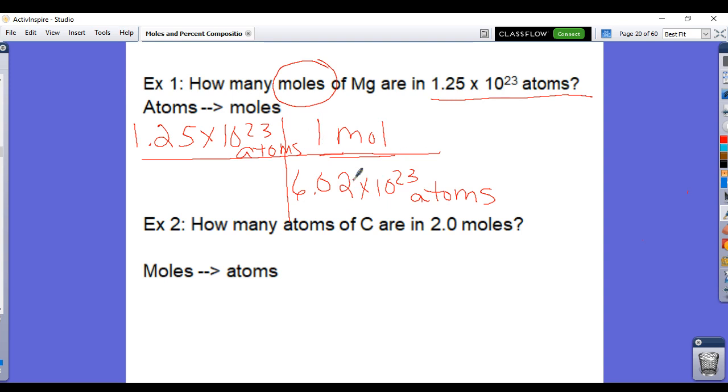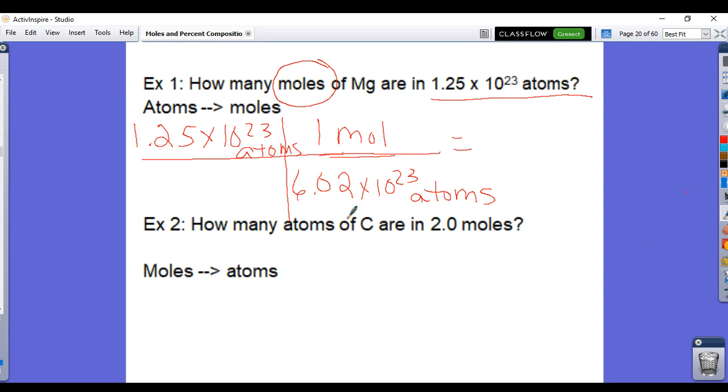So now we're going to do the calculation, and I'm doing it on my calculator. So I'm going to punch in 1.25 EE23, and then because this number is down below, we're dividing.